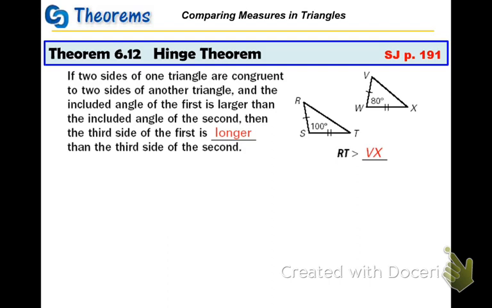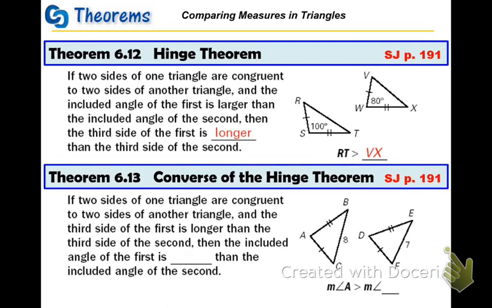You can do the same thing with sides to angles. In this picture, we're trying to compare the measure of angle A. What is angle A across from? BC. What is D across from? EF. So you're going to compare the sides so that we can compare the angles.